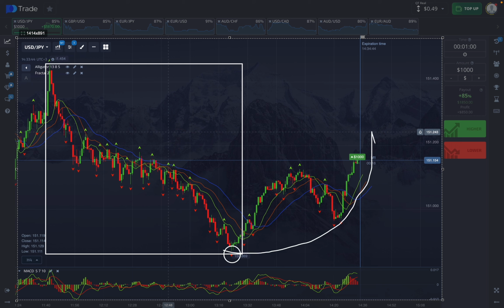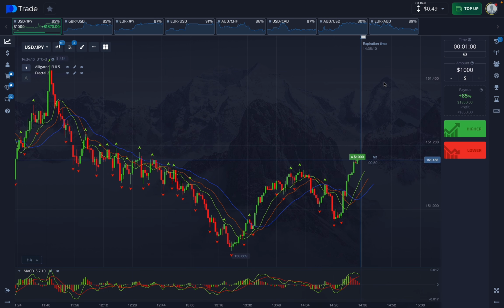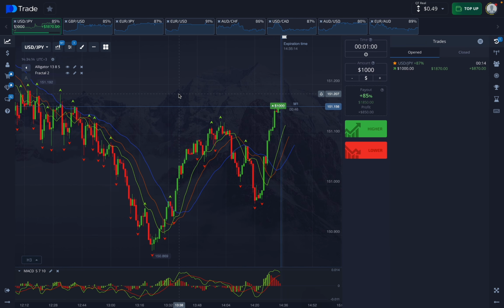The stage of recovery, so to speak, has begun for us, and the dynamics of our movement have rushed upward. There is also an intersection of the alligator's moving lines, telling us that further dynamics should go upward. That is why we are opening a trade for an increase here.